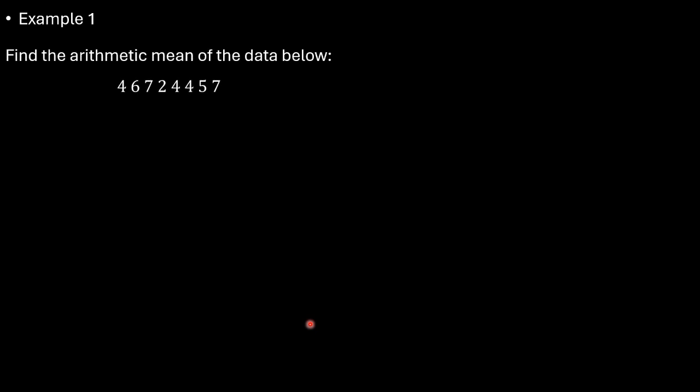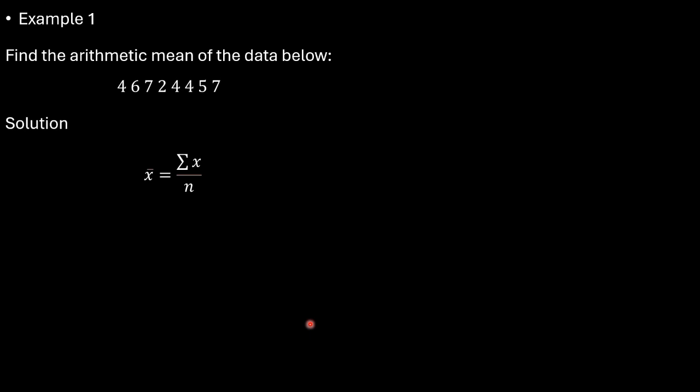Now, let's take some examples. The first example says, find the arithmetic mean of the data below: 4, 6, 7, 2, 4, 4, 5, 7. Here's the solution. The best formula to use in this scenario is x bar equals summation x divided by n, since our data is not given in a frequency table.